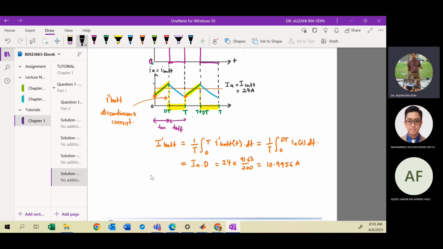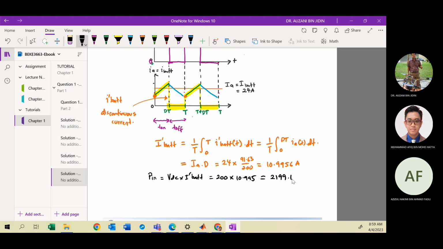So then you can calculate the input power, P in, which is VDC multiplied by I prime battery, 200 times 10.995, then you get 2199.121.